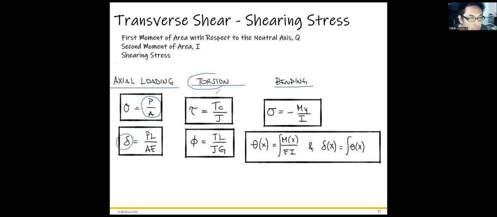For torsion, the shear stress is TC over J, where T is the torque, C is the distance from the neutral axis to the top or bottom surface, and J is the polar moment. The twist angle equals TL over JG, where G is the shear rigidity. For bending, the stress equals MY over I. We can figure out the shear and the moment, and by integrating we get the slope and the deflection.